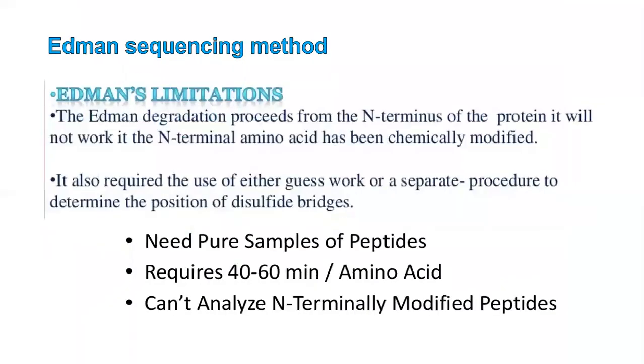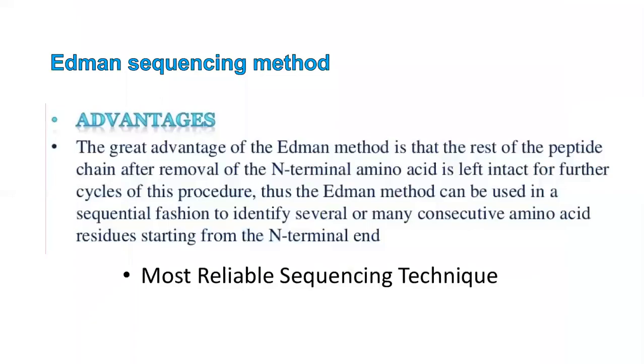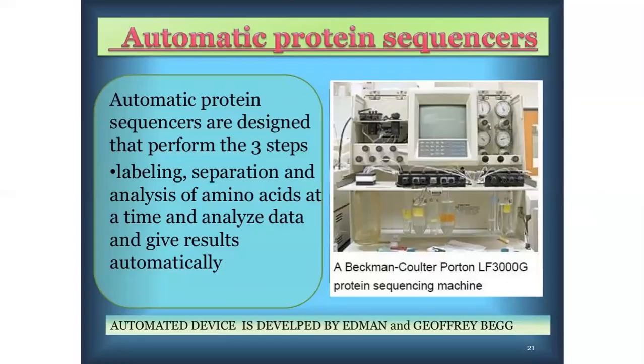One of the disadvantages of the manual Edman sequencing method was that it took a lot of time to go through all those processes and to read these amino acids. So the automation of these Edman reactions has taken away that limitation from the manual process, and this helps us to deduce or understand the sequence of amino acids much faster than the manual method.